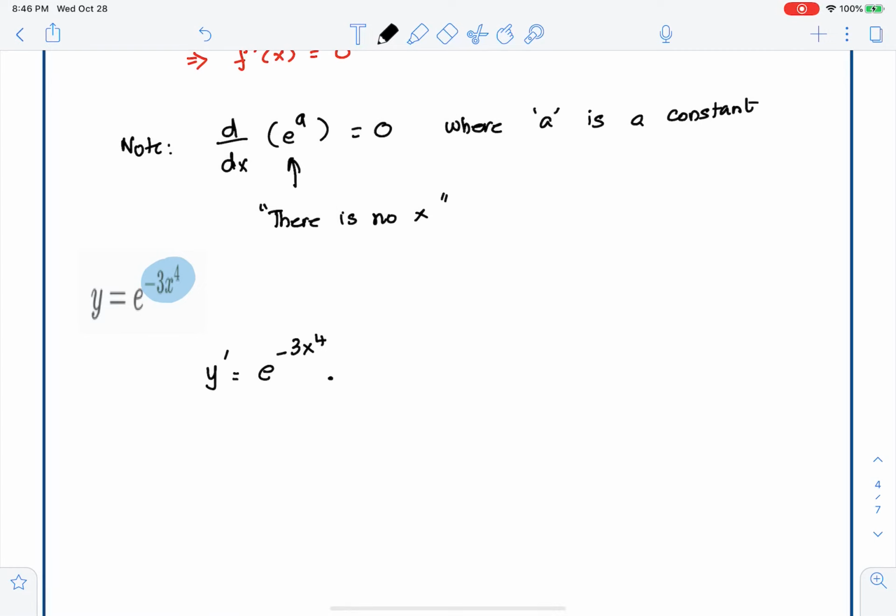But since it is not x, rather a function of x, we're going to take the derivative of that using chain rule, which would give us negative 3 multiplied by 4x raised 3, the derivative of x raised 4.